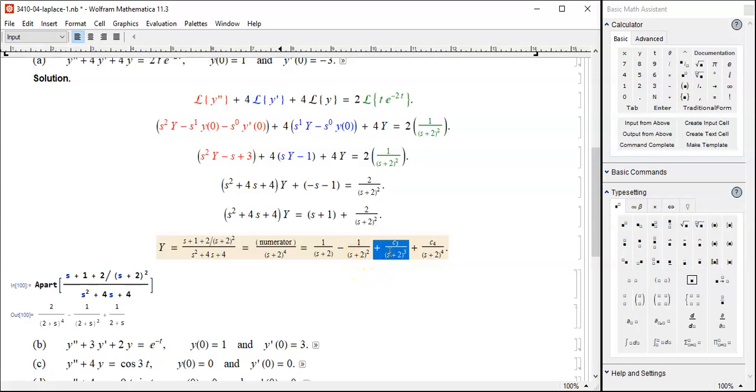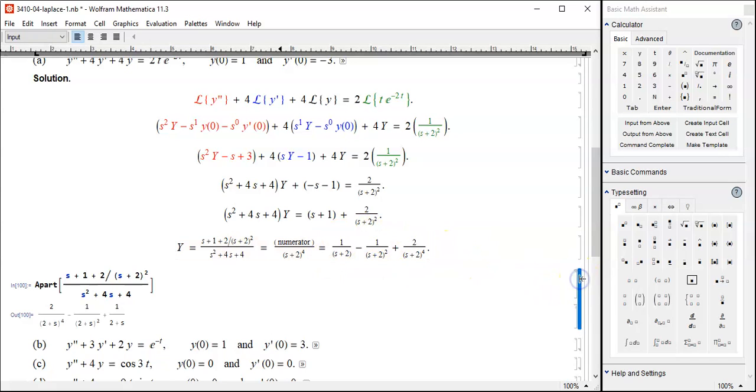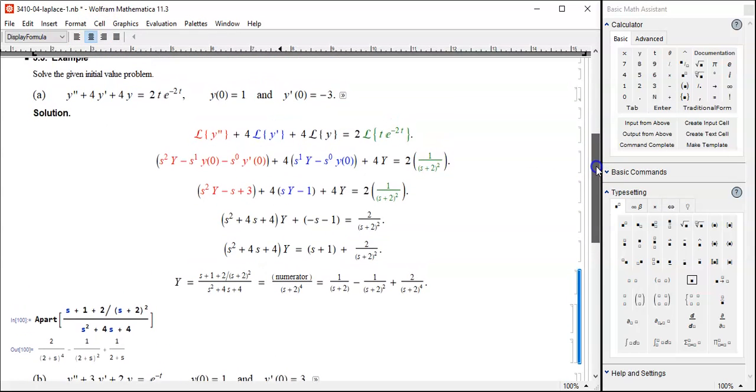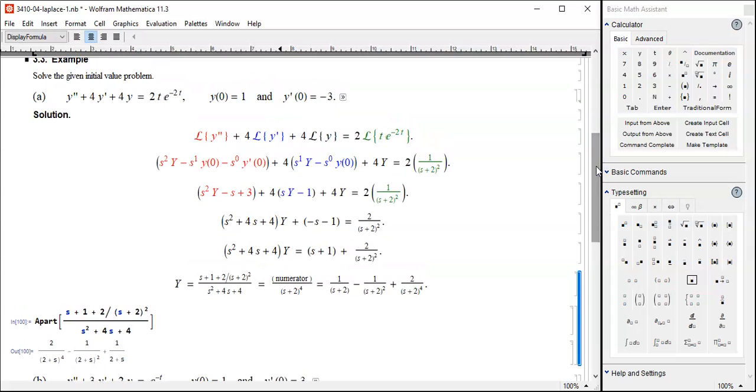And this one is apparently 0. And then we have 2 over S plus 2 to the 4th power. This is what I'm getting according to Mathematica's computation. And remember, the command for partial fraction is Apart.